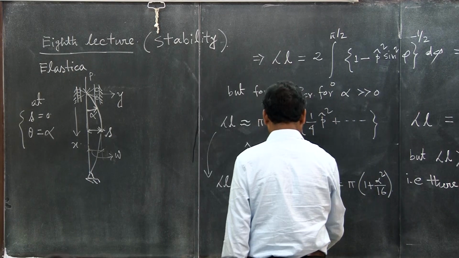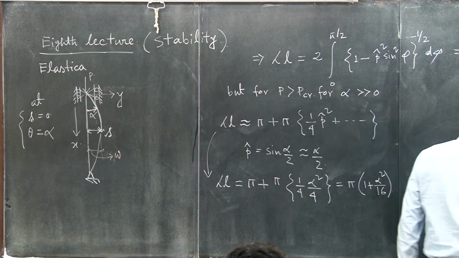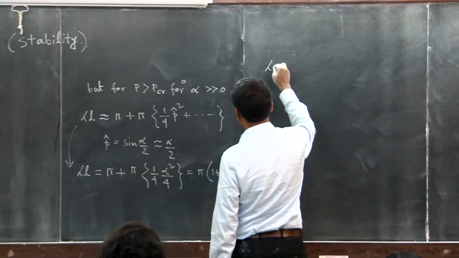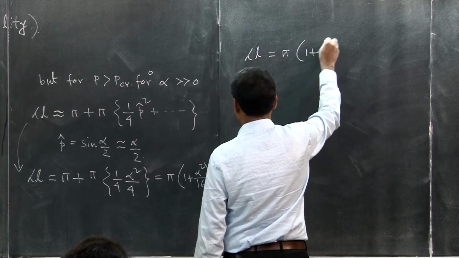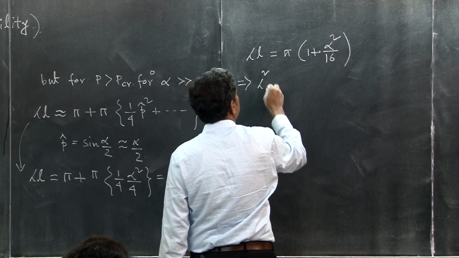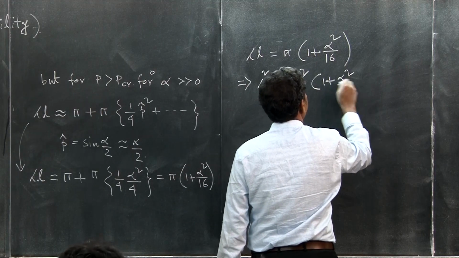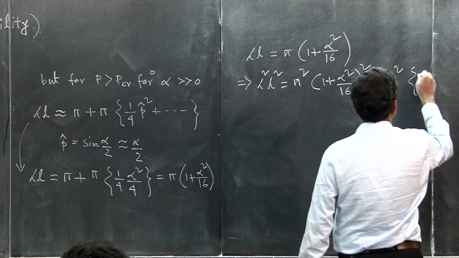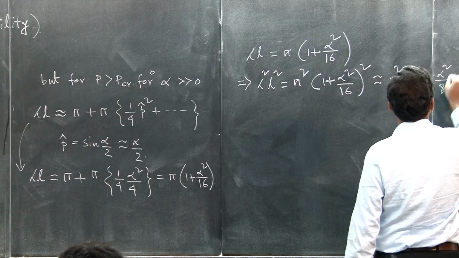Then lambda square L square is equal to pi square times 1 plus alpha square by 16 whole square, and I will not take the square, I will take this as alpha square by 8.